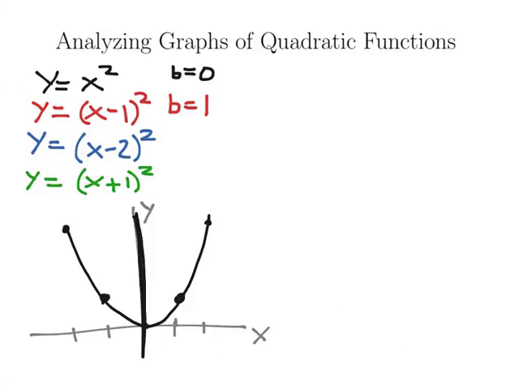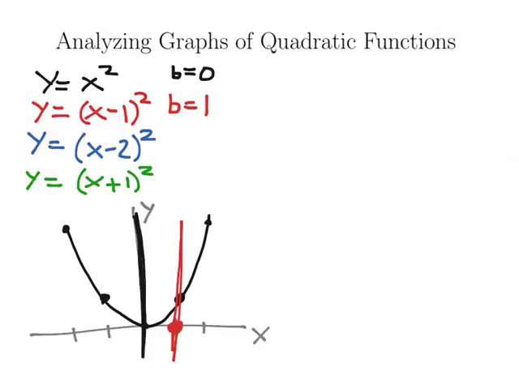But now, when b is 1, the axis of symmetry is when x is 1. So we have a new axis of symmetry. So c is still 0, so our vertex is unchanged. It's down here. Remember, we got that point because x is 1 and y is our c value, which is 0. So that's the point 1, 0.